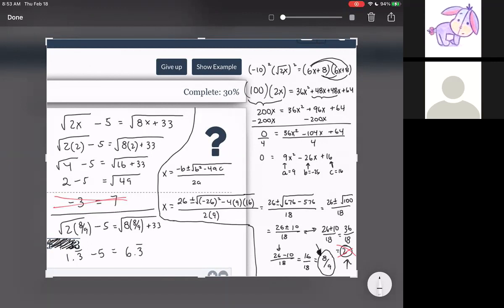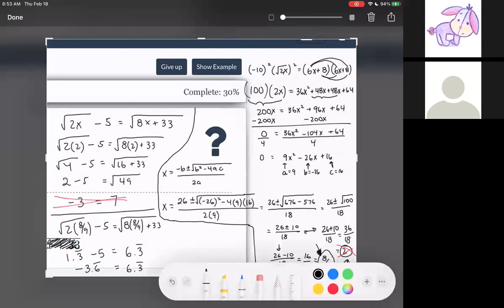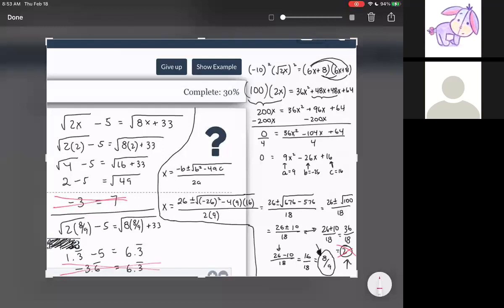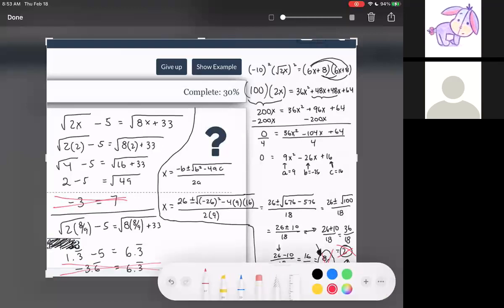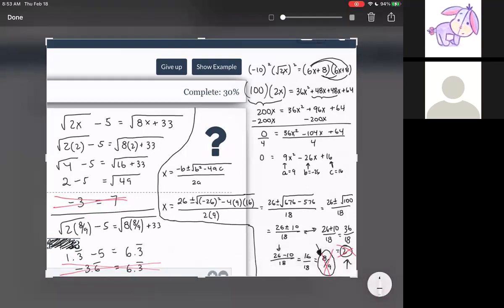So 1.3 repeating minus 5 is negative 3.6 repeating. That's not the same as 6.3 repeating. They're just not the same number. So negative 3.6 repeating is not the same as 6.3 repeating. Therefore, this is also a lie. Let me just cross that out. And therefore, we also reject the 8 over 9. And since we had 2 answer candidates and we rejected both of them, there is no solution.